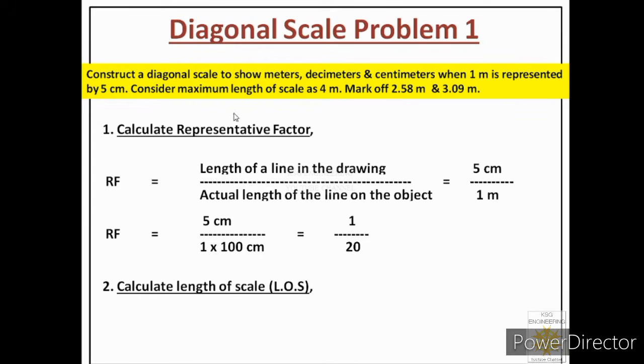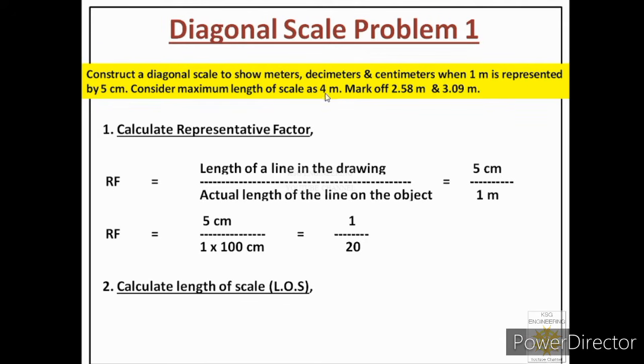Now let us read the second line of this statement. Consider maximum length of scale as 4 meters. That means we have to design a scale or we have to draw a scale which should measure up to 4 meters. Now we know that we cannot draw a line of 4 meters on our paper. So for that what we have to do?